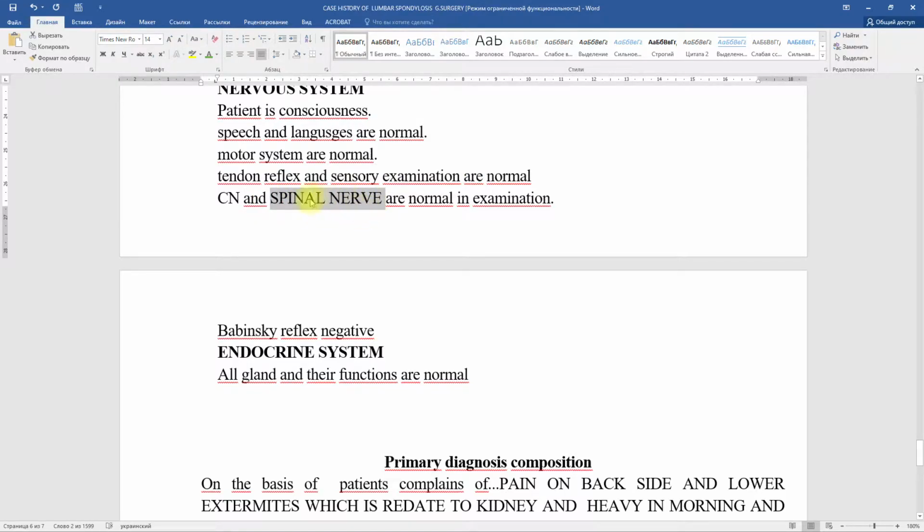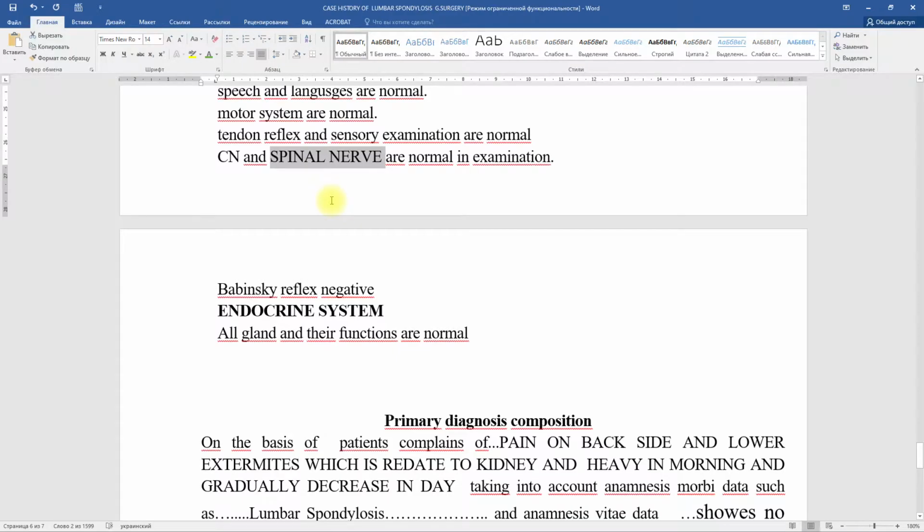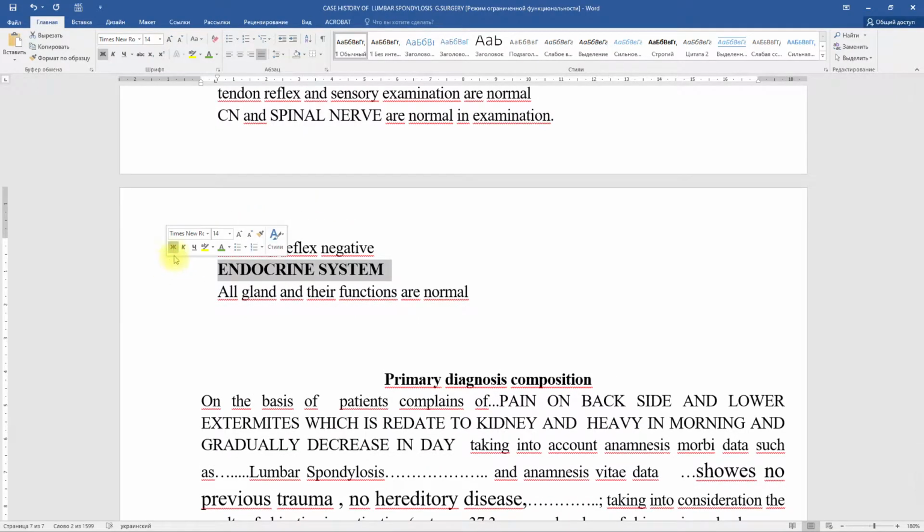I can't understand what is spinal nerve. And more, I can't understand how you can examine a spinal nerve during physical examination. Do you palpate it or auscultate it or what? Babinski reflex negative, very good.